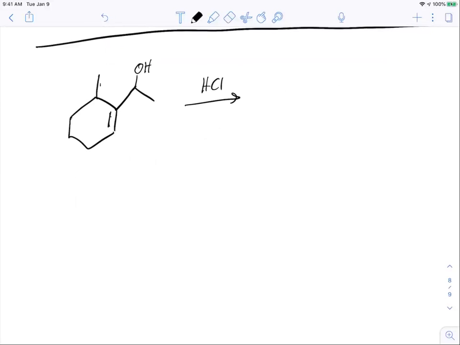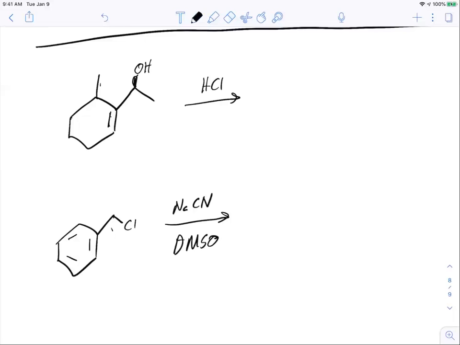Okay, predict the products on these reactions. Predict the products, and before you predict the products, predict whether it's going to be SN1 or SN2.